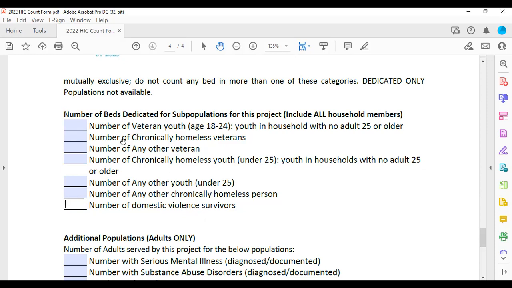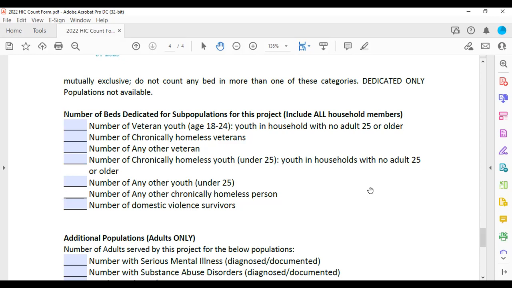We have some permanent supportive housing projects that only serve chronically homeless. So they're going to be here, number of any other chronically homeless person. So they only serve chronically homeless. So they're going to put their number in there. Does that make sense? Yes. So do we only fill it out if all of our numbers are based on one of these subcategories?